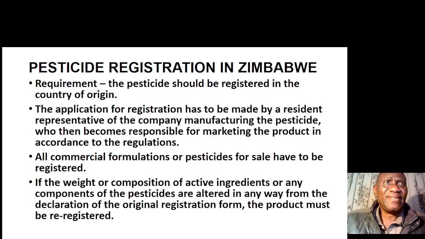If the weight or composition of active ingredients or any components of the pesticides are altered in any way, suppose we have been using that pesticide and the company decides to make some changes, now the company has to apply for a new registration, or the product has to be re-registered because there have been some alterations.